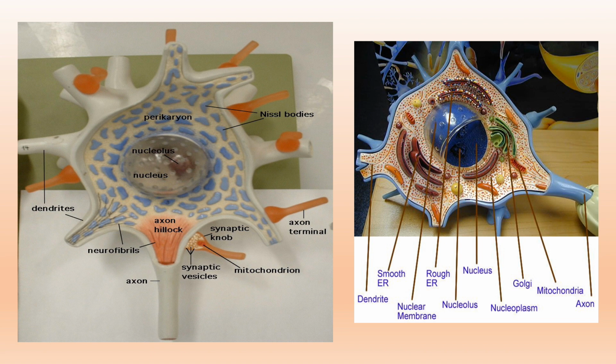Okay, again you see on the right side all the organelles: smooth endoplasmic reticulum, rough endoplasmic reticulum, Golgi, mitochondria, and as you see the rough endoplasmic reticulum in the neurons is specialized to form the Nissl bodies or chromatophilic granules.